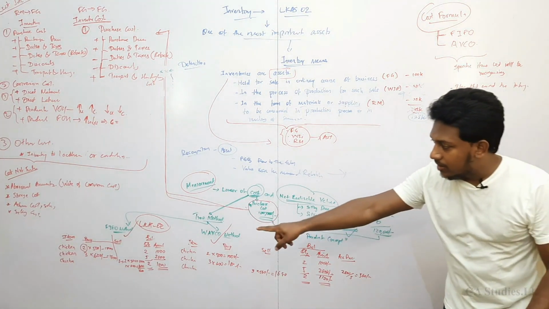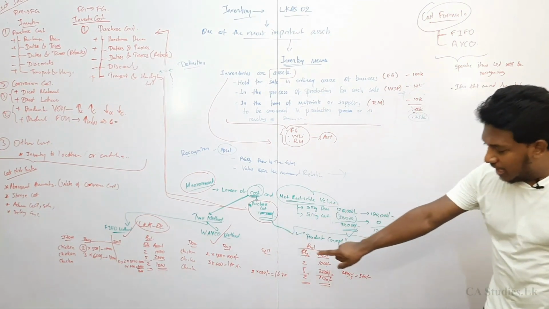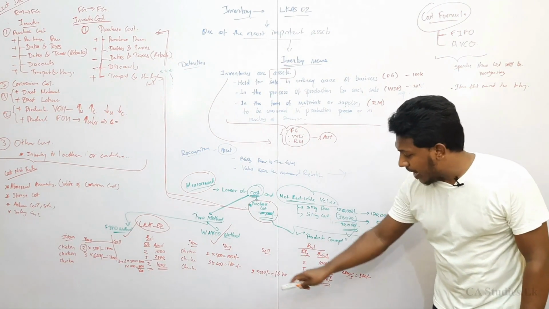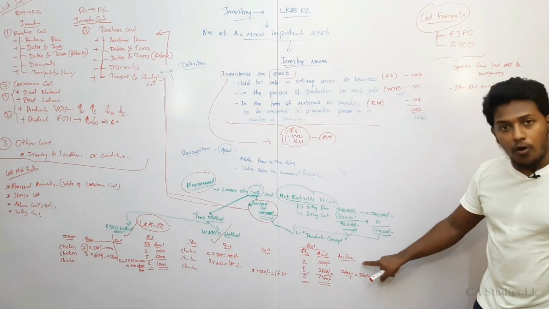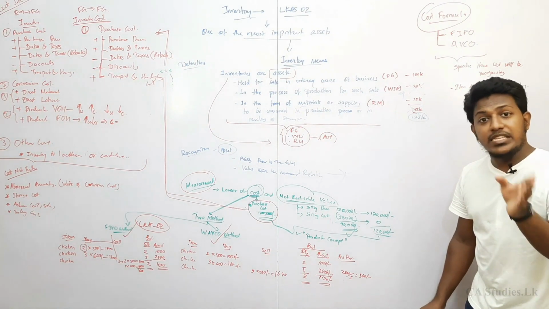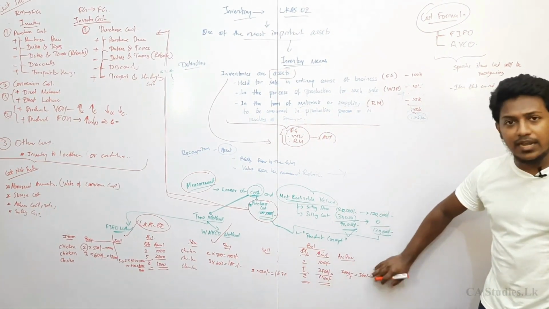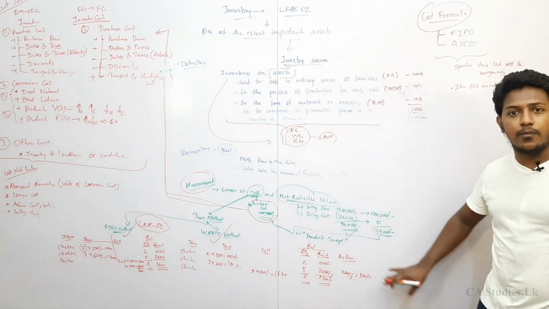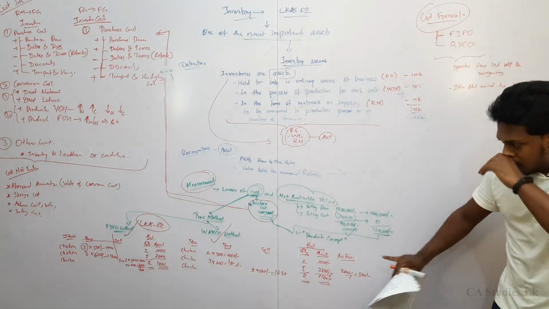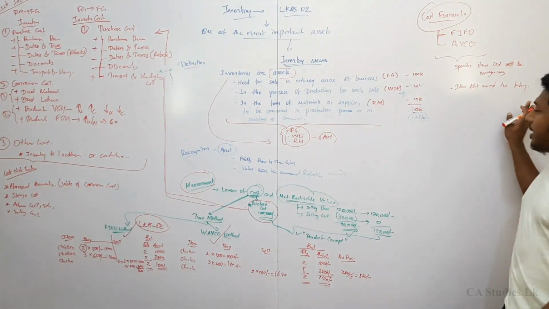For the chicken only I have followed a FIFO method, right? For the chicken only I have followed the FCO method. If I bought a beef, the price is different. So FCO, average cost price for beef and chicken cannot be taken. For the chicken we have to prepare a different table. For the beef we have to prepare a different table. FCO method should only be applied to the inventories which cannot be interchangeable.